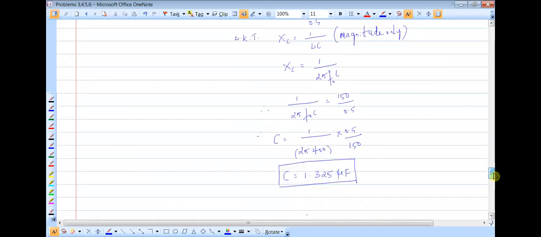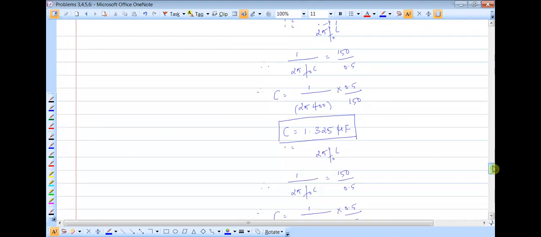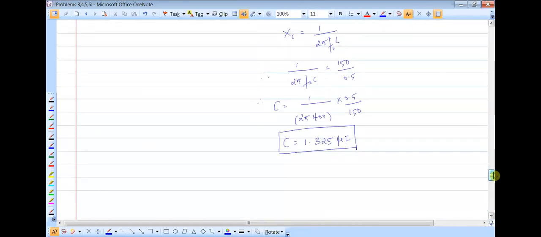Now after we have done this, we have come to know that at resonance Xc happens to be 300 ohms. And at resonance, what is Xc equal to, anybody? What is the reactance of the capacitance equal to at resonance? No, C is not equal to Xc. C is the capacitance, X is the reactance.